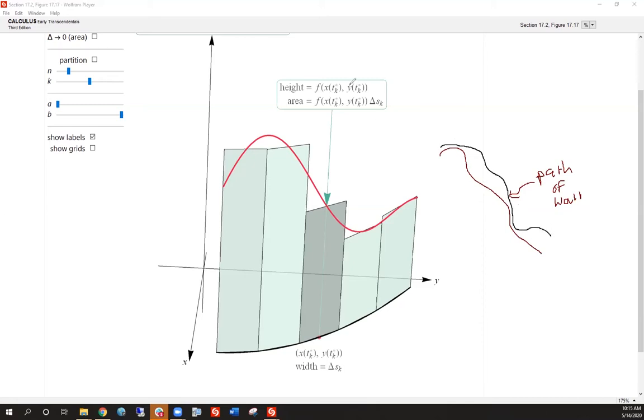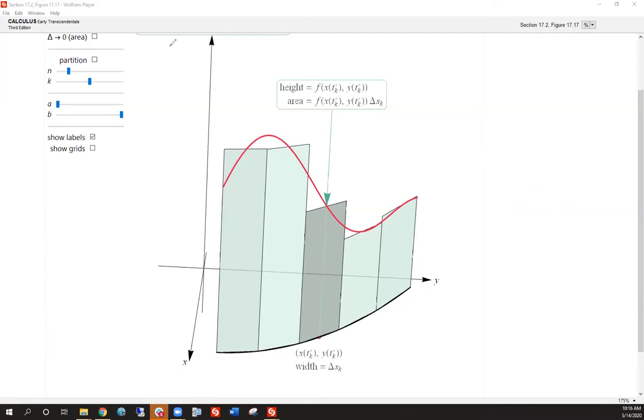And so you can imagine that we could take that wall and break it up into a whole bunch of little rectangular regions, like we've done over here, to figure out an approximate area for the wall. I think that was Damon asking the question earlier. Did that answer your question? Yeah, thank you. Very good.